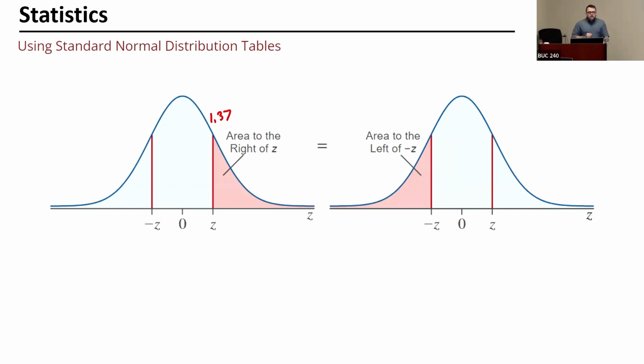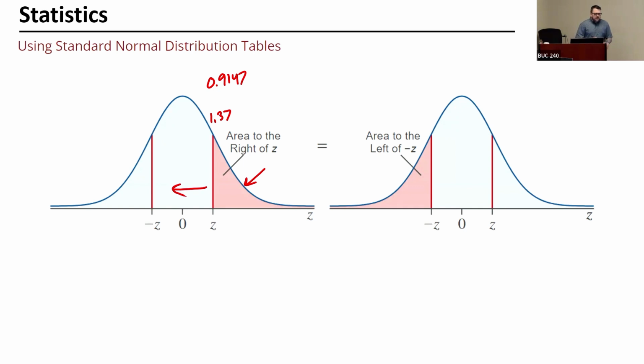Well, we know what the area is for this direction, and that's 0.9147. But that's not the area they're showing. Is it? I'm wanting that area.